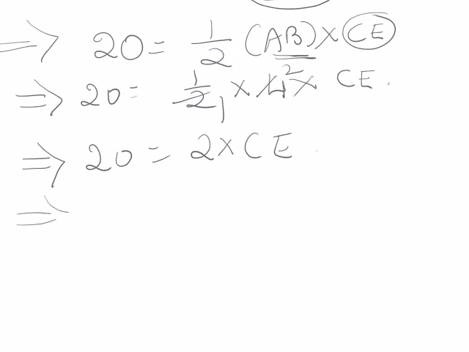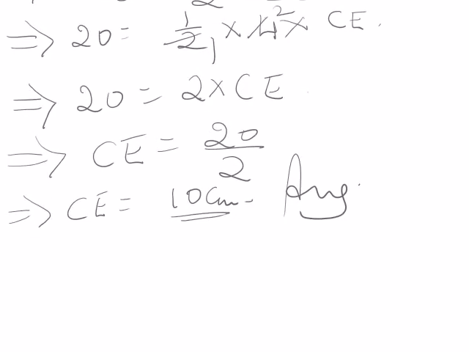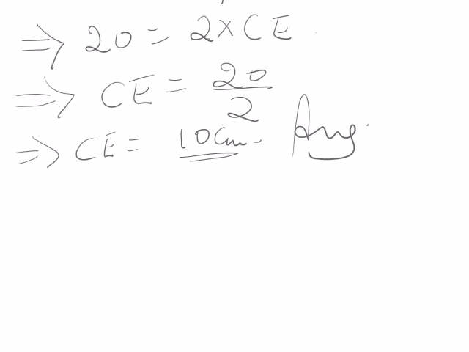So CE is equal to 20 upon 2, right? This 2 is multiplying, so to divide. So therefore CE is equal to 10 centimeter. So the corresponding height is 10 centimeter. Is that clear? So that is how you have to do the sums. Now I will give you some practice questions.